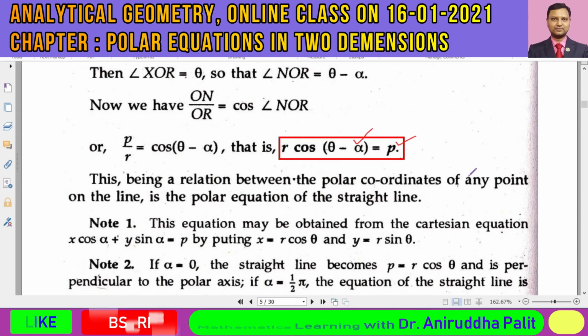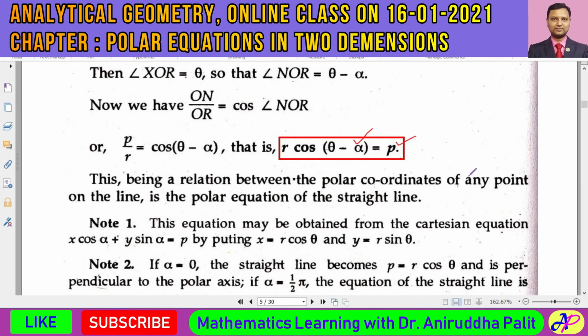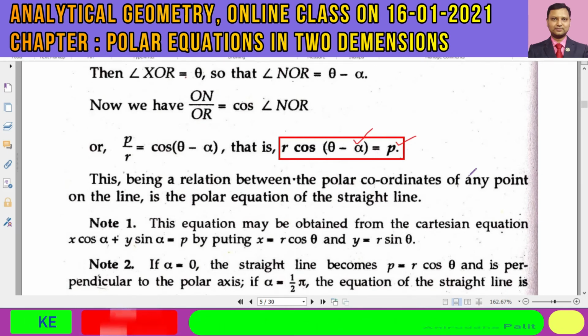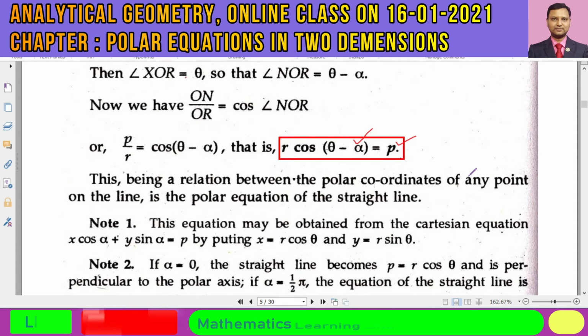Try to remember this fact: a straight line in two dimensions will always have two unknown constants, and in order to compute them you need two different conditions, so that you are able to find out their values.